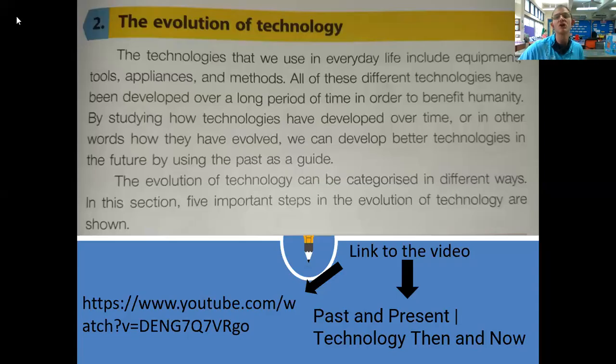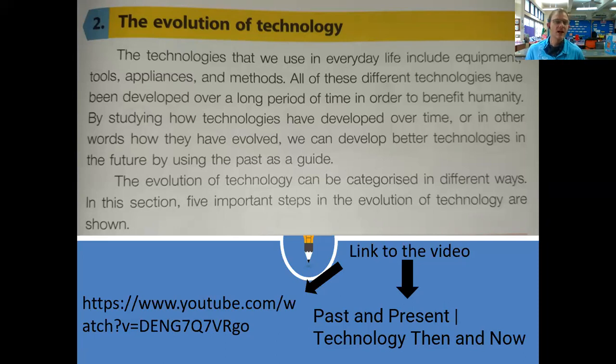So the evolution of technology. The technologies that we use in everyday life include equipment, tools, appliances, and methods. All of these different technologies have been developed over a long period of time in order to benefit humanity.